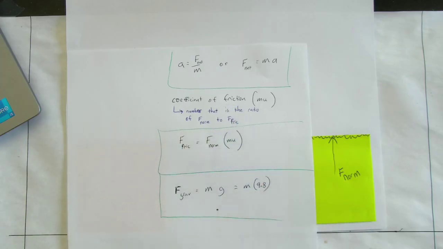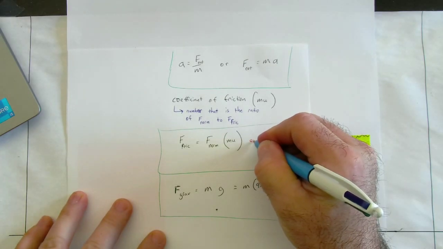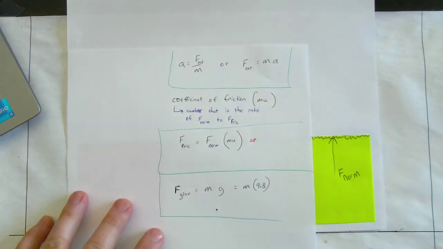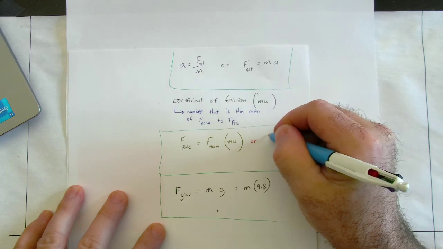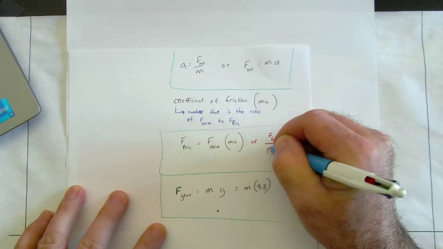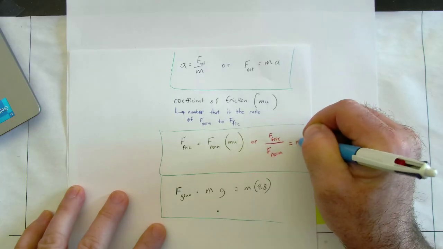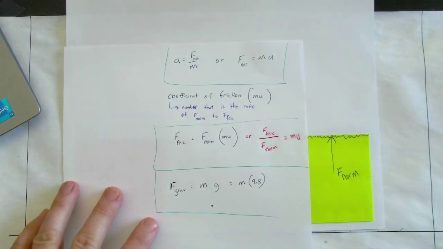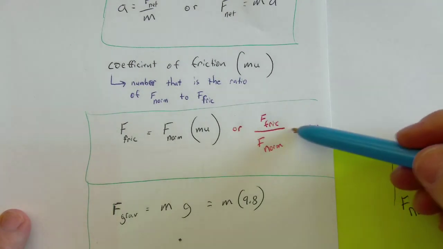So what that would actually look like is this is also written as, and this is what I mean by the ratio. So if you can see that, this is how the coefficient of friction is actually arrived at.